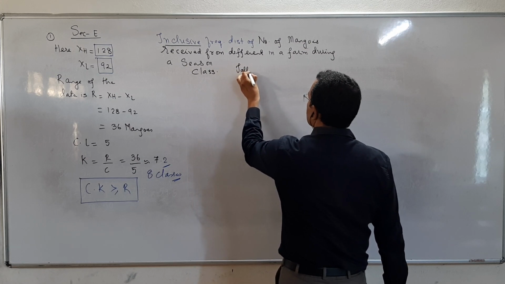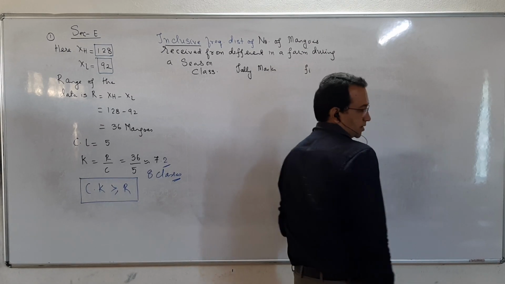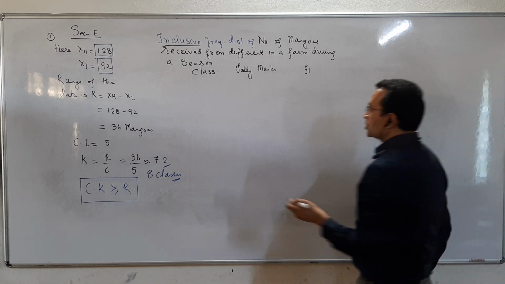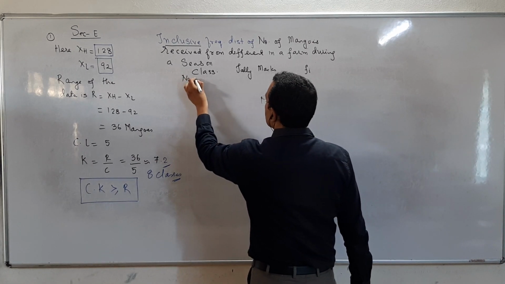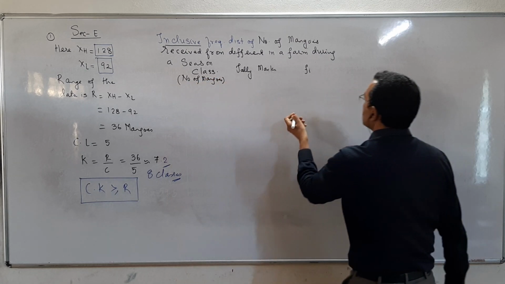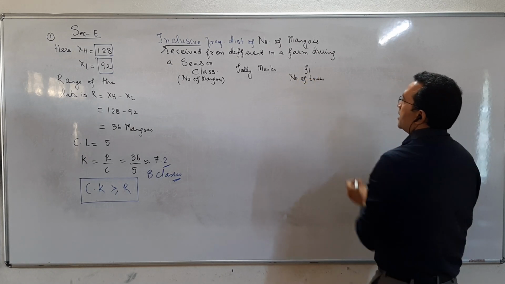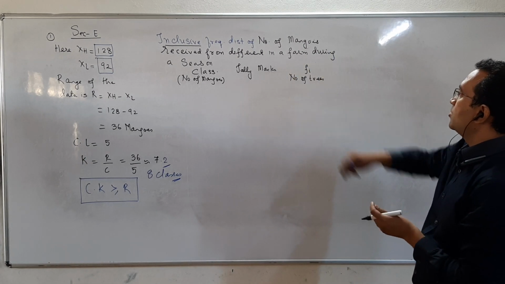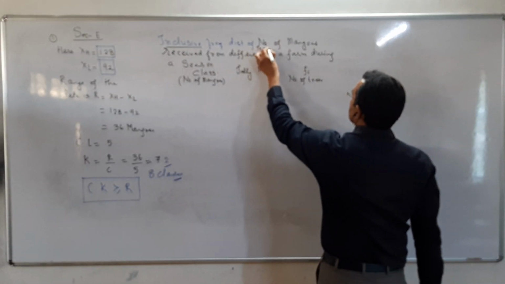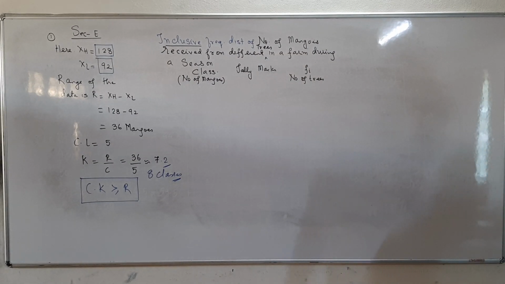Columns: classes, tally marks, and then corresponding frequencies. Classes are number of mangoes, and frequency is the number of trees, of course, because the data is number of mangoes received from different trees in a farm during a particular season.